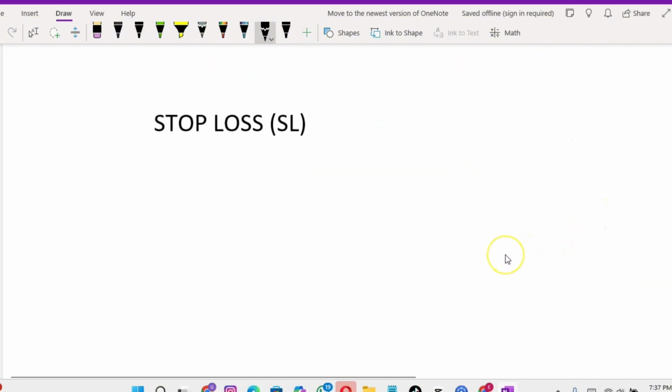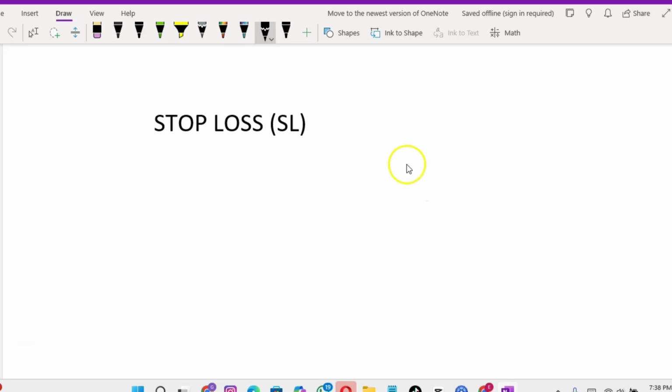Now, stop loss is also an order that you send to your broker, telling your broker to take me out in losses. Stop loss is very, very important. If you place a trade, you might not necessarily set a take profit target, but stop loss is very important. Why? Because stop loss protects your capital as a trader.